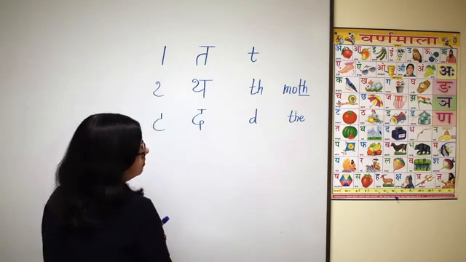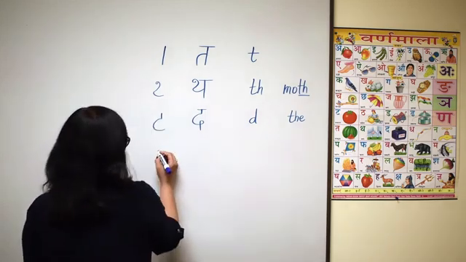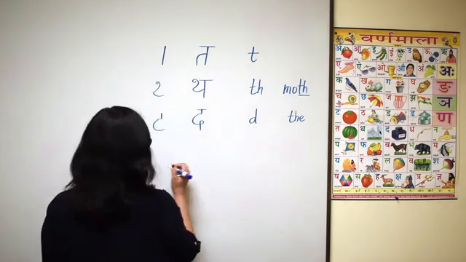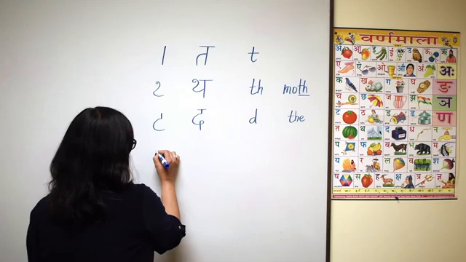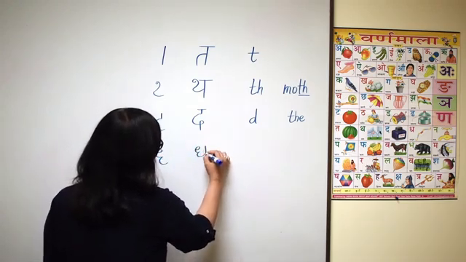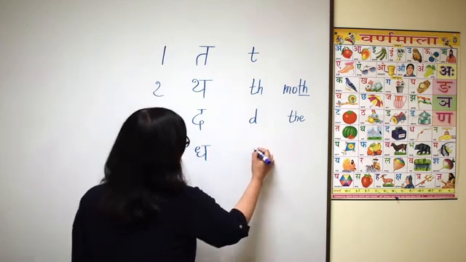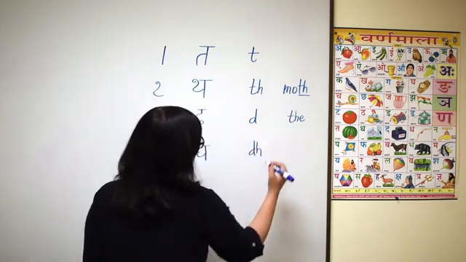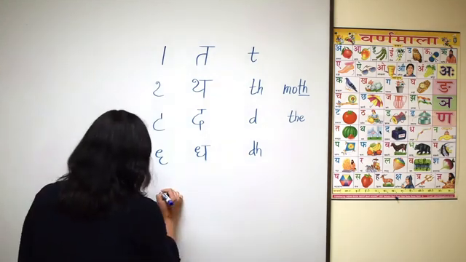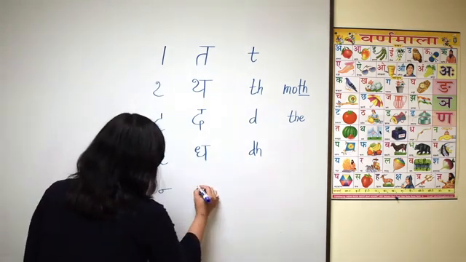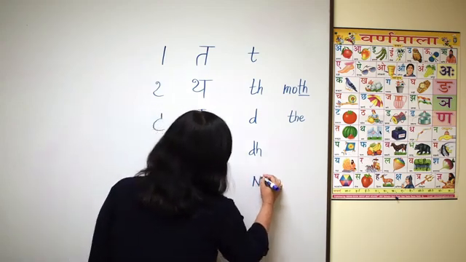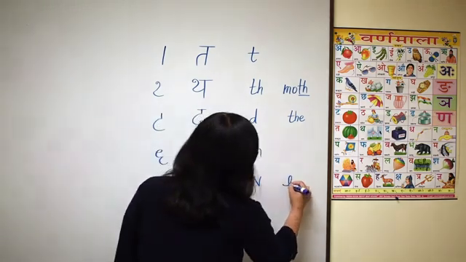Okay. The one after that is with a loop and heavier version of the D. Okay, so it's called dha. So you go like this, dha. Okay, and then after that, the final one in that row is N, and that's our na.